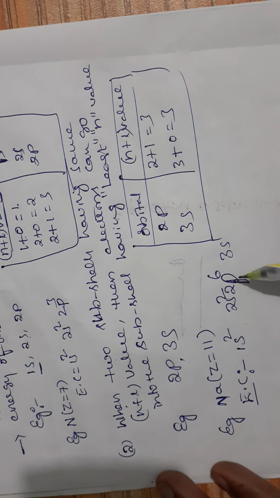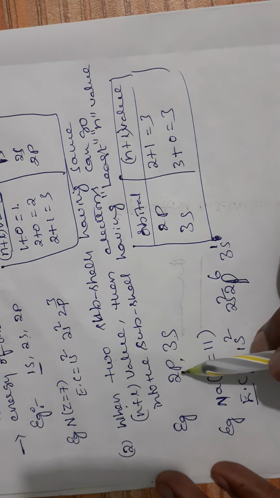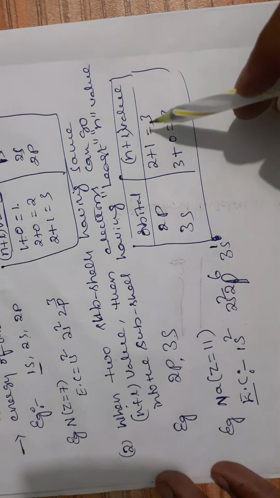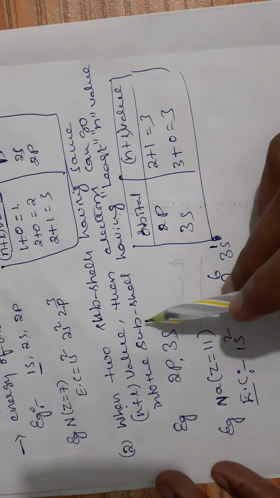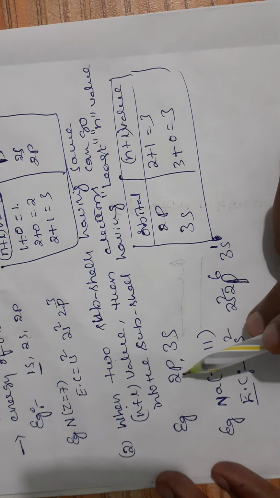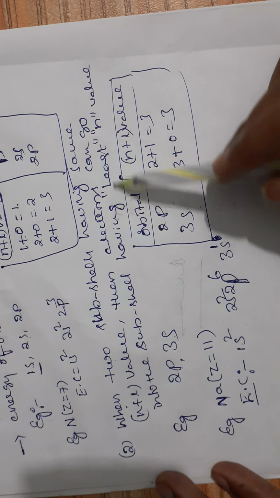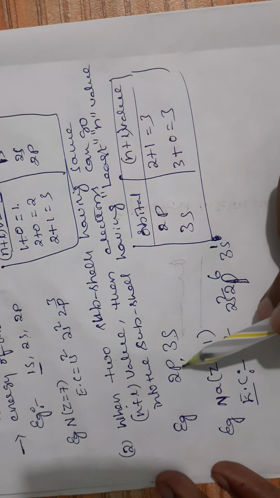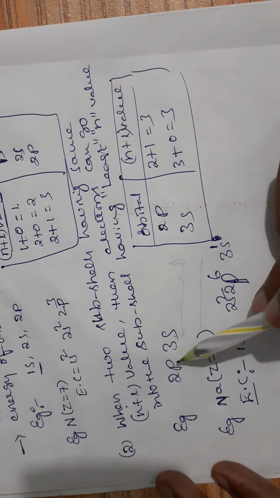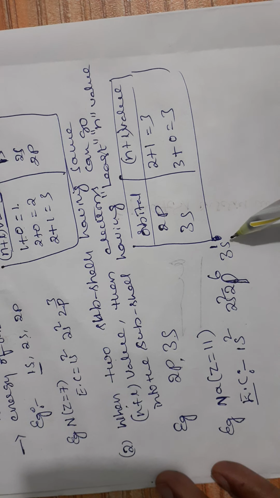After 2s, electrons are not going into 3s. First 2p. Out of 2p and 3s, both have the same n plus l value, meaning the same energy level. But in such cases, the one having the least n value will be filled with electrons first. That is why 2p is filled with electrons first.